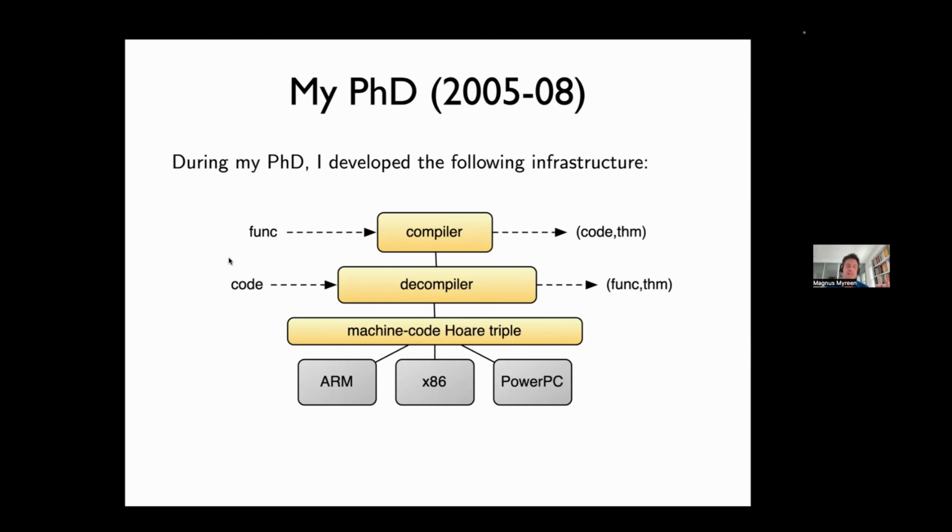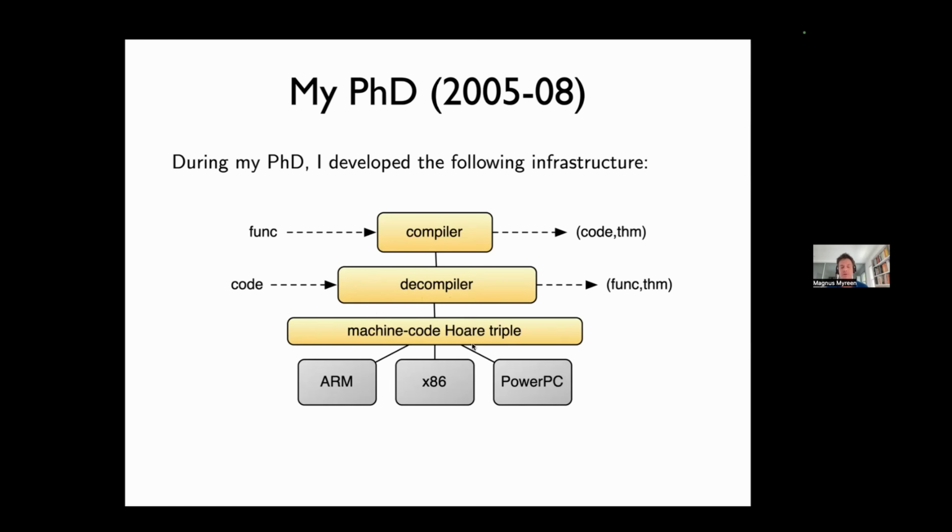And the tool does this. If you give it some machine code, this proof-producing decompiler produces a function, a functional program that represents what the code computes. It also gives a theorem that relates the function to the original code.